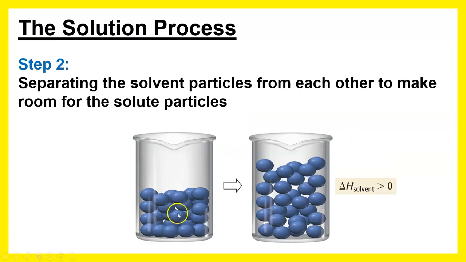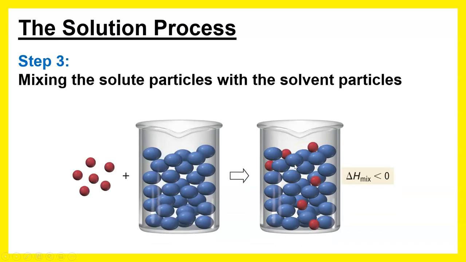Then in step 2, right now, the solvent is so close together, there would be no space to put those solute particles in. They need room. We've got to spread these apart. And then when you combine them, now there's space for all our solute to mix in, and these start to attract each other, forming those new attractions, and that part is exothermic.